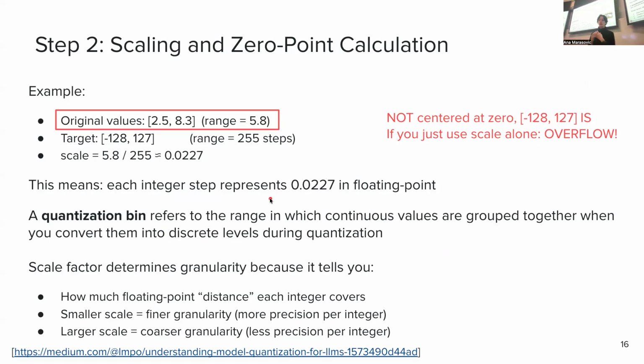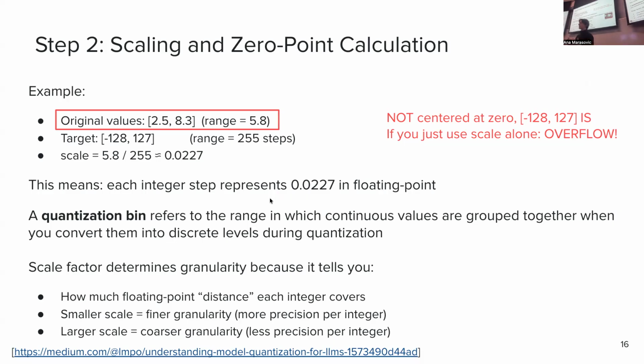I have mentioned before, and I will use this example again, how scale determines granularity. Basically, how we scale will determine which parts of the original interval are all placed within the same point in the quantized range, which means that some small interval within your large interval, all those numbers are going to be placed to the same quantization integer.